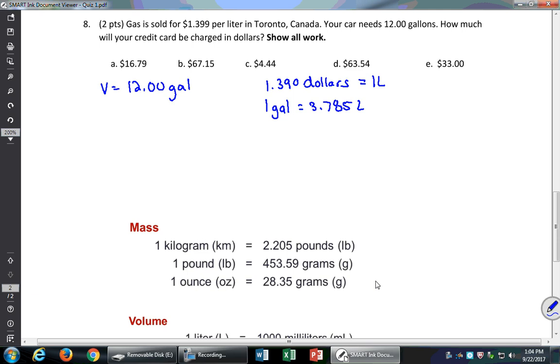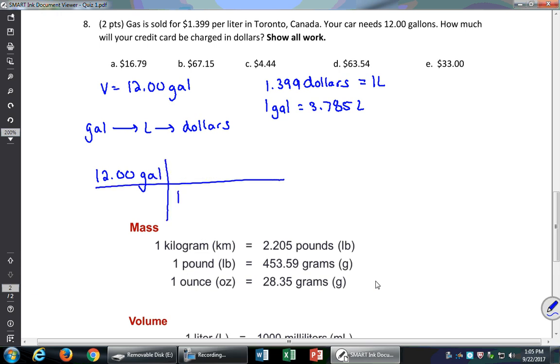So now I have a relationship between gallons and liters, and I have a relationship between liters and dollars. So I can convert my gallons to liters, and then I can convert that to my dollars. So I'm starting with my 12 gallons.